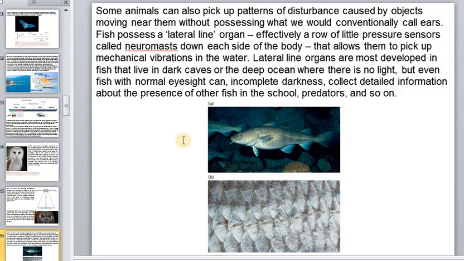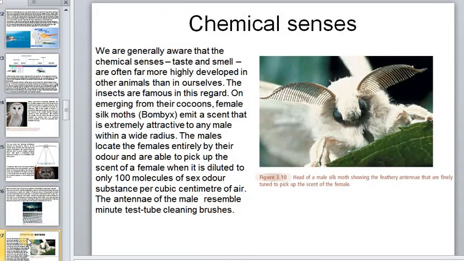Lateral line organs are most developed in fish that live in dark caves or the deep ocean where there is not enough light. But even fish with normal eyesight can, in calm darkness, collect detailed information about the presence of other fishes and predators, for example, and so on. So what we have is one more sense.